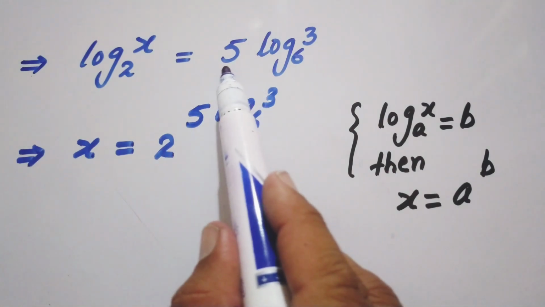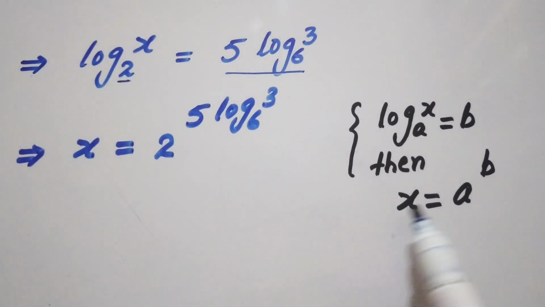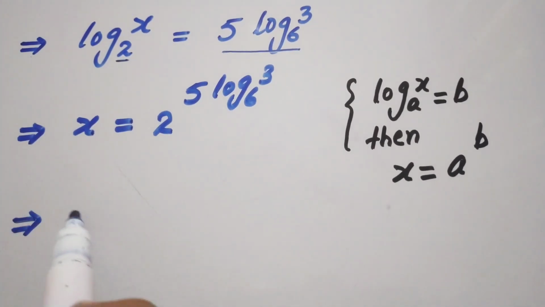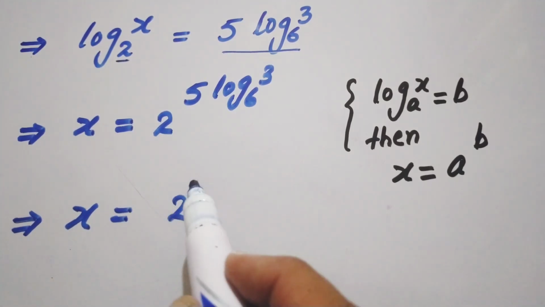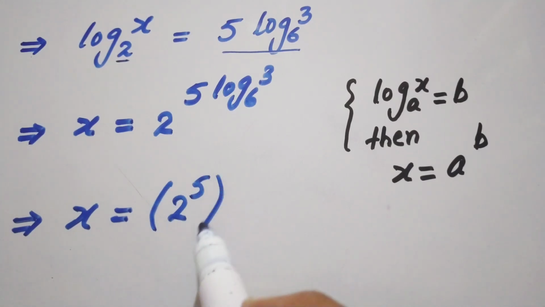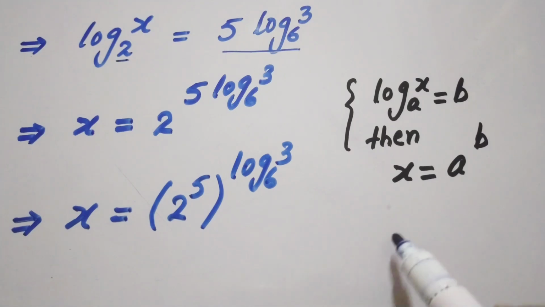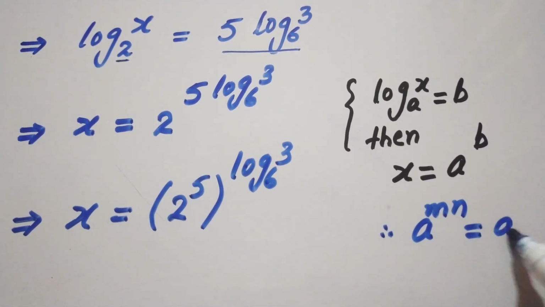Suppose that this is b and this is x to the base a. So using this logarithmic form, now x is equal to, we can write this as 2 power 5 whole power log 3 to the base 6, because if we have a power mn, this is equal to a power m whole power n.